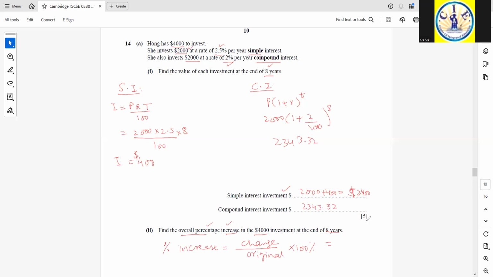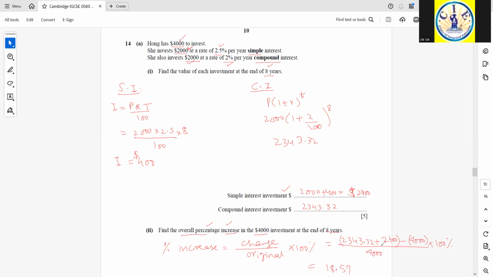So the change is going to be 2343.32 plus 2400 minus the initial investment that was 2000 plus 2000, or altogether 4000, whole divided by the original investment that was 4000 times 100%, and then simplifying it, that gives us 18.57 or 18.6.